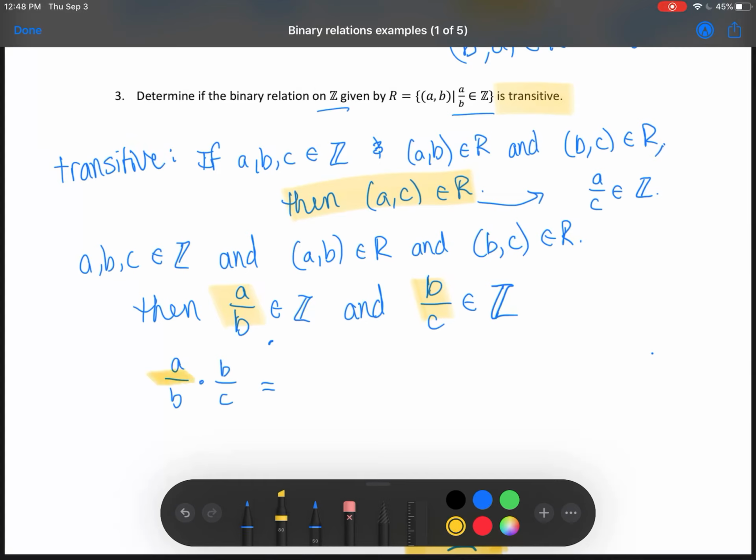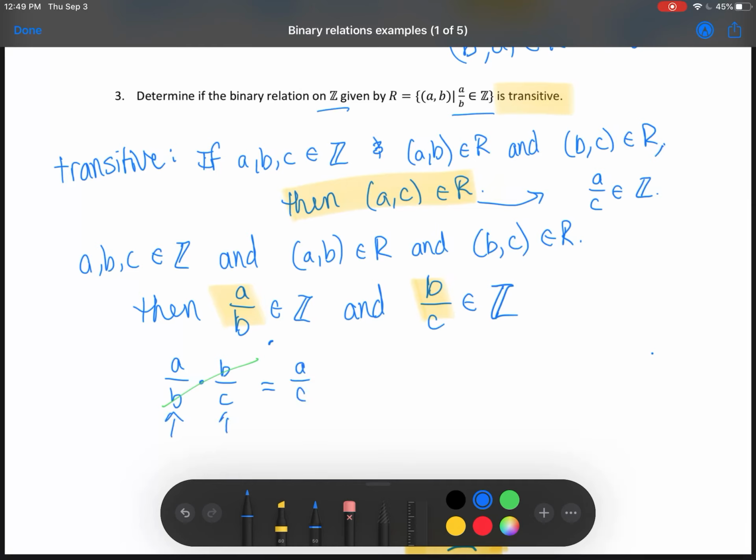So this number multiplied by this number, if we multiply two integers, we're going to get an integer. We say the integers are closed under multiplication. But the other reason that we want to do that is because if we have A divided by B times B divided by C, then our B's cancel out and we're left with A divided by C.